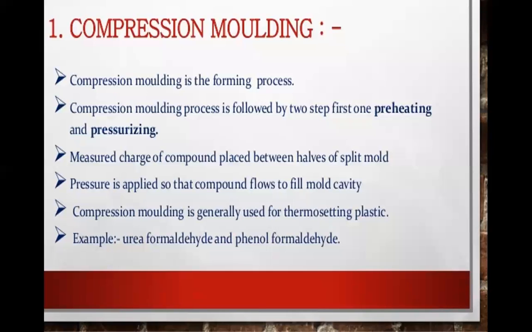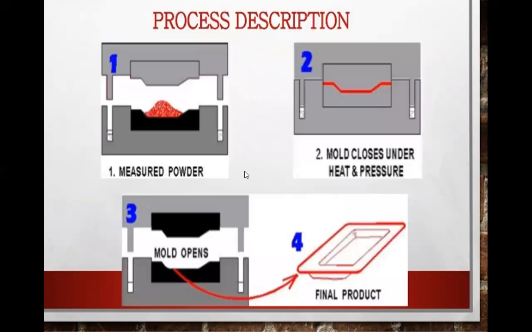Compression molding is generally used for thermosetting plastics. The best examples are urea formaldehyde and phenol formaldehyde. So this is about the first method of fabrication of plastic, that is compression molding.